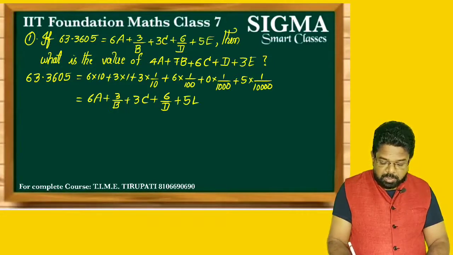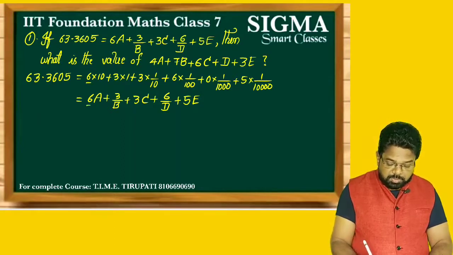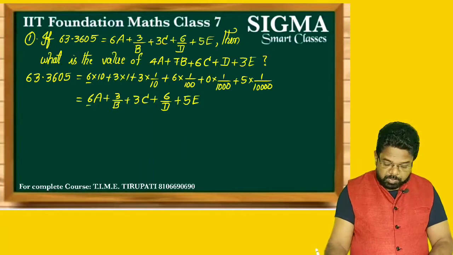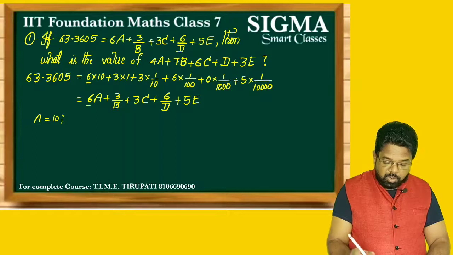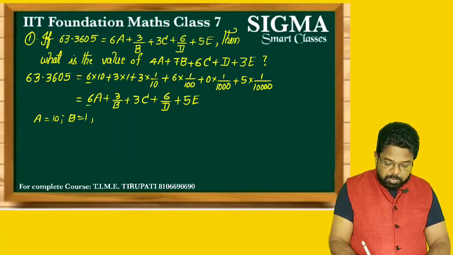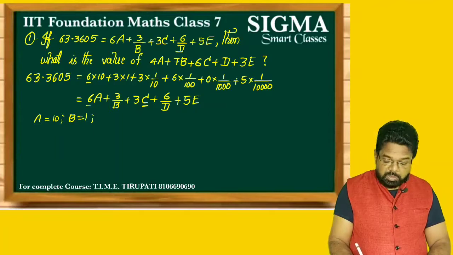Now compare these two. 6 equal, so a equal to how much now? 10. We can identify the value of a: a is 10. Now here 3 into 1, now 3 by b, so b equal to 1. Now 3 into 1 by 10, and here 3 into c.